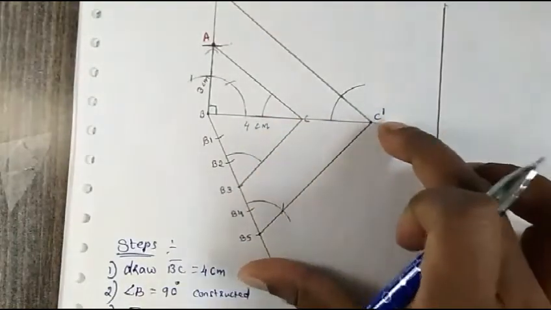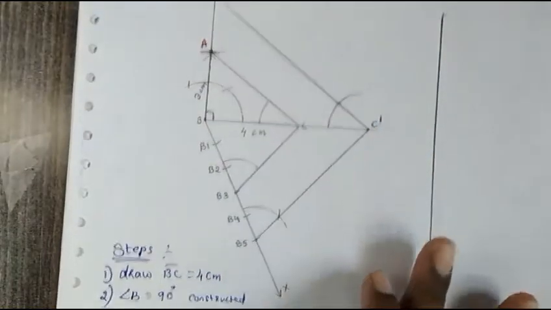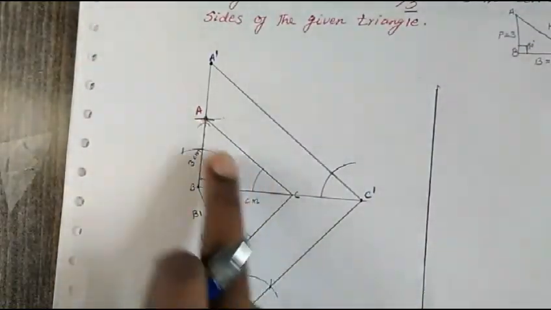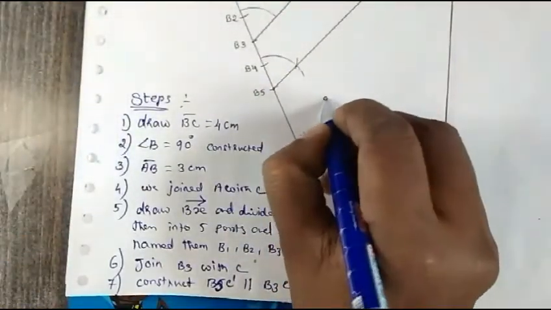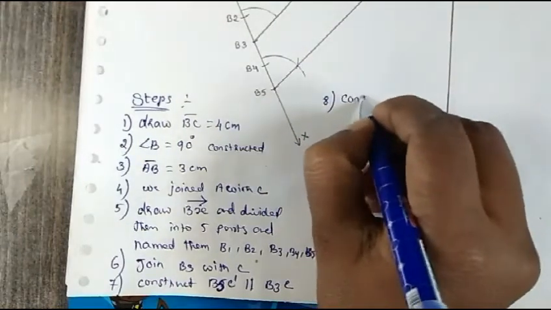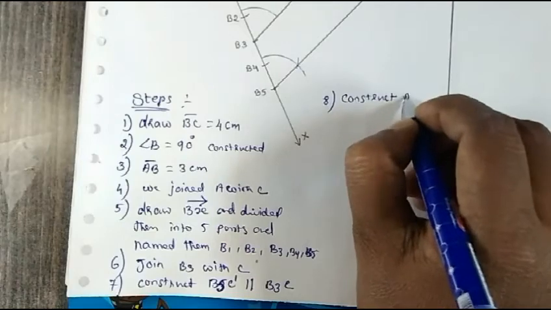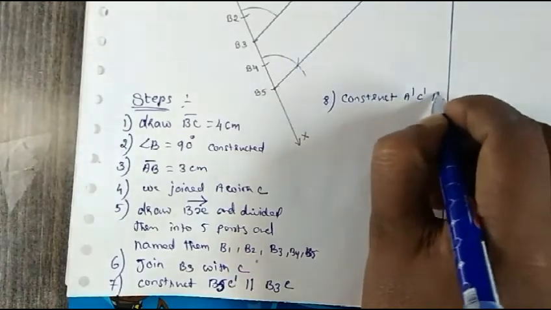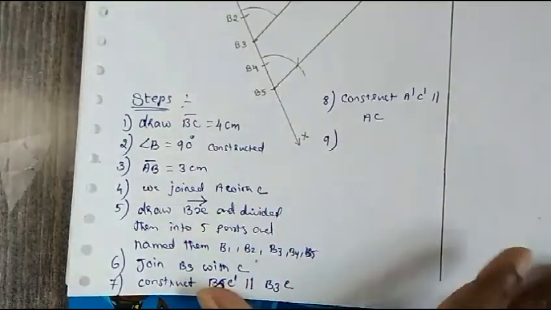So for this line we constructed this, parallel to this we constructed this line. Next, for this line we have constructed this line parallelly. So point 8, construct A dash C dash parallel to AC.